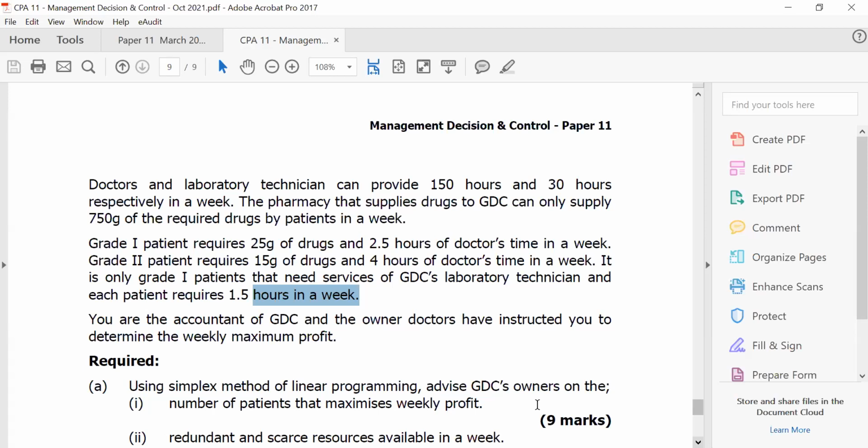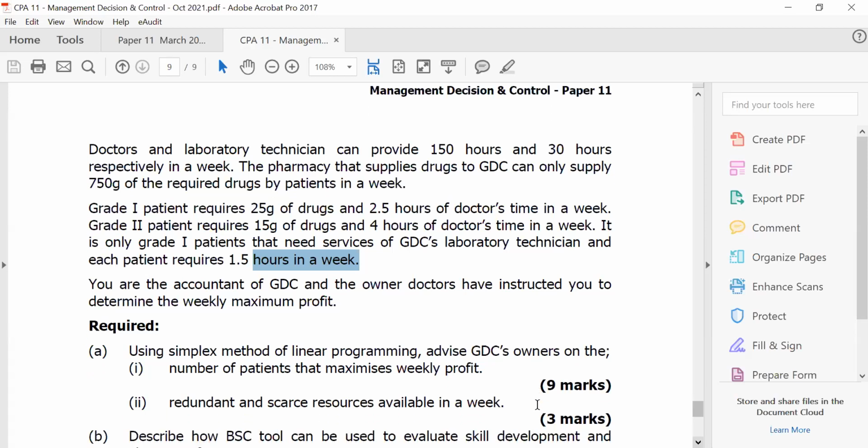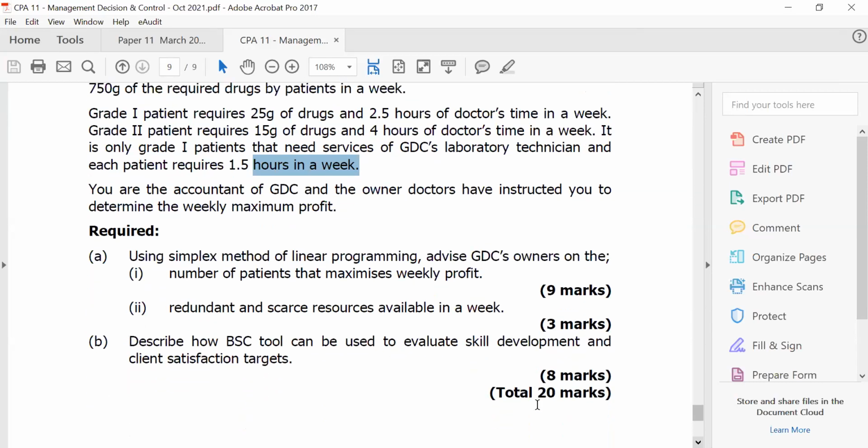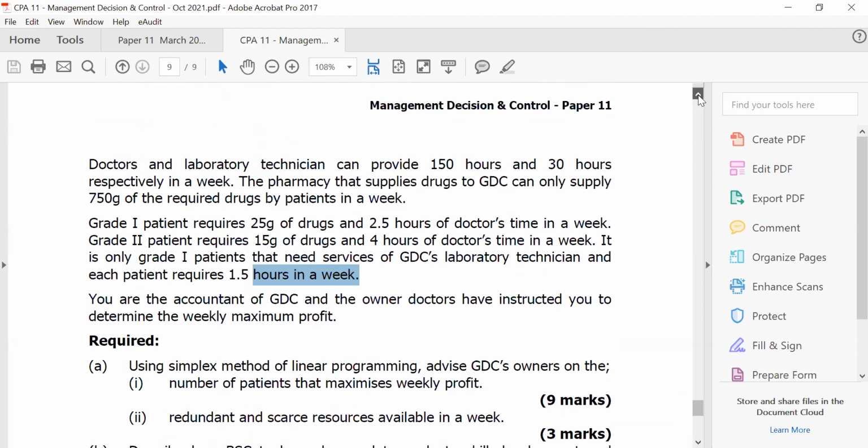And then they're asking you to determine the redundant and scarce resources available in the week. So that is also something that you need to determine. And then they also want us to describe how BSC, the Balanced Scorecard tool, can be used to evaluate skills development and client satisfaction targets. So those are the three things that we need to look at in this case.